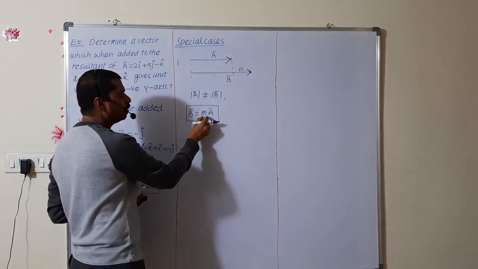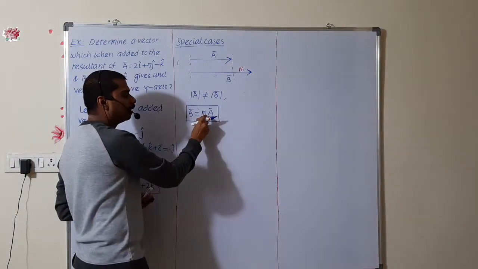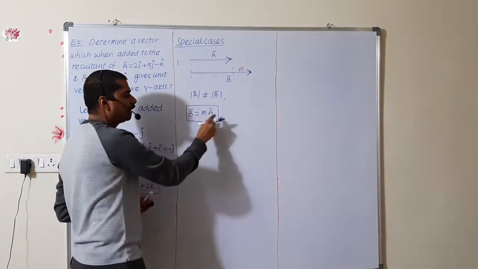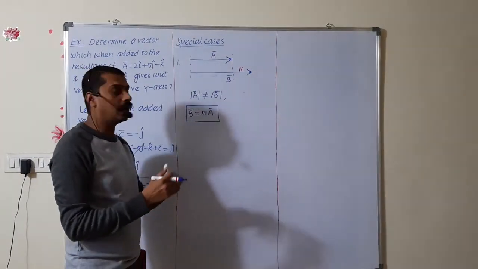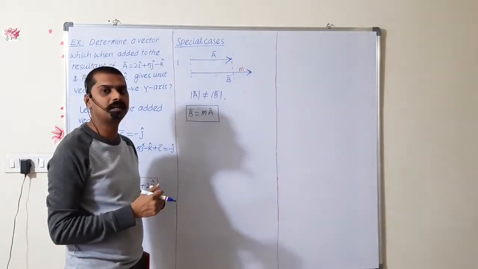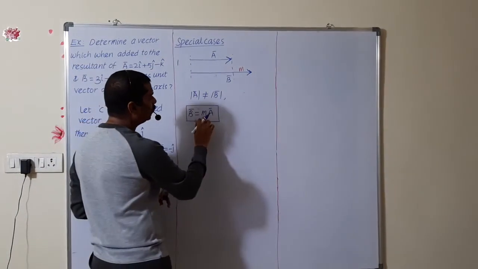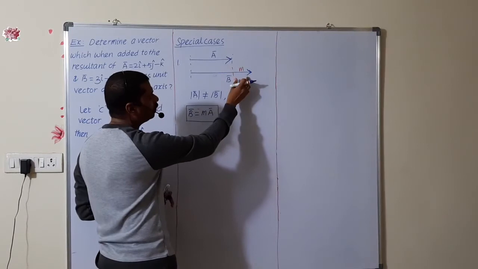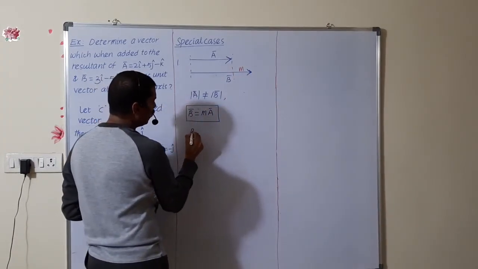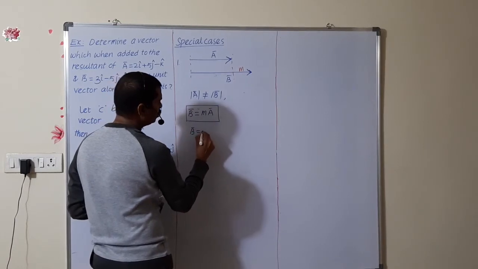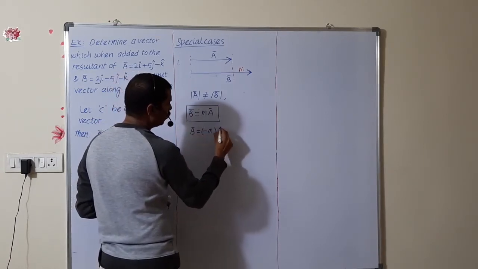Once you find this number and multiply it with vector A, the two vectors are equal: both move in the same direction and the magnitudes are also equal. When they move in the same direction, we write m. Otherwise, B vector is equal to minus m times A vector.